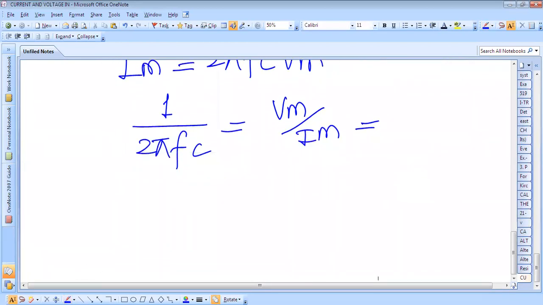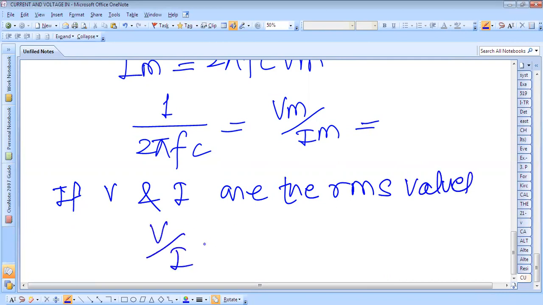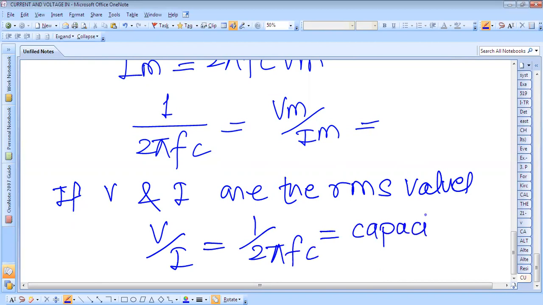Further, if V and I are the RMS values, we can write V by I is equal to 1 over 2 pi f C, and this is called the capacitive reactance.